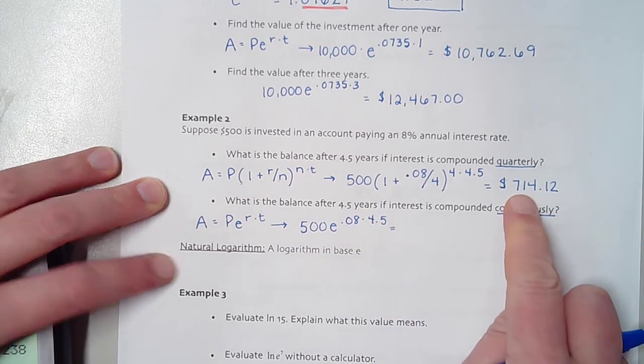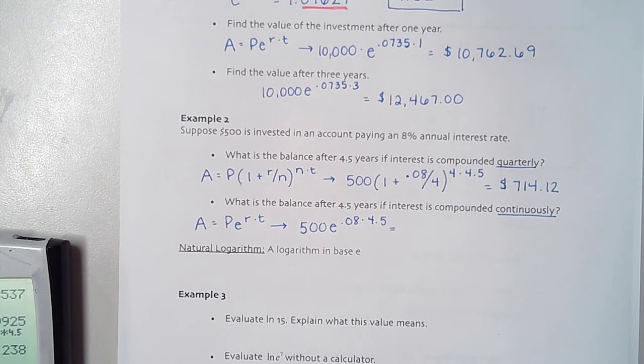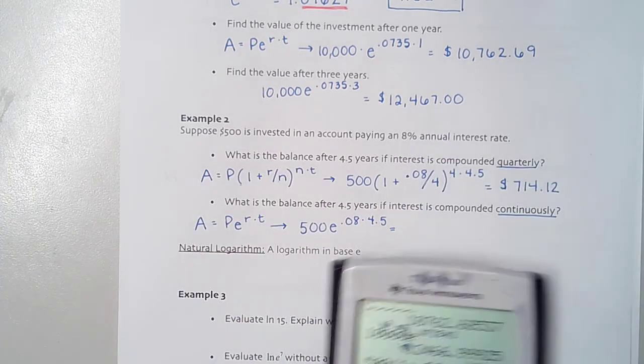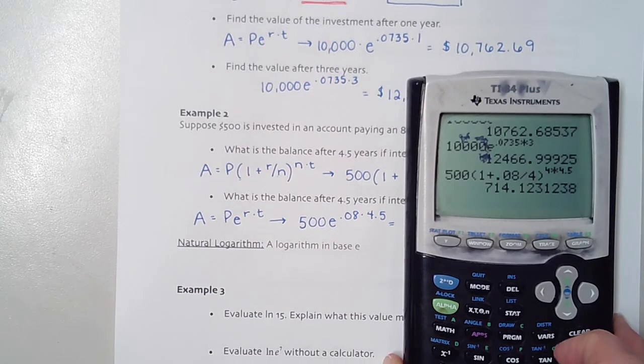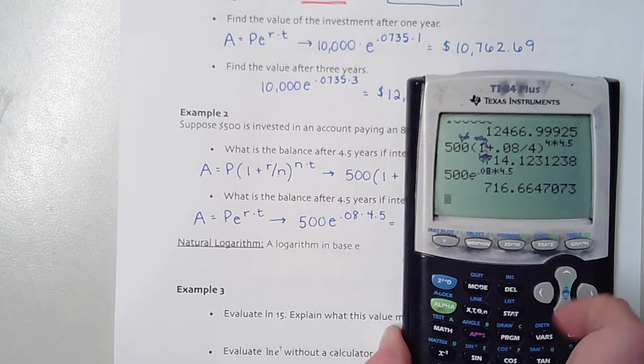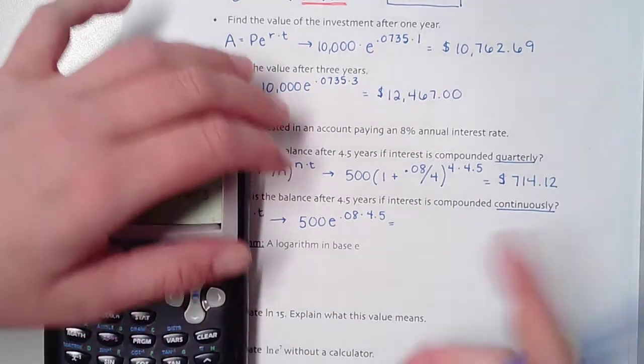I would guess that it's going to be larger than this, maybe not significantly larger, but larger nonetheless, because compounding continuously earns you more free money than compounding quarterly. So 500e to the power of 0.08 times 4.5, and I end up with 716.66.